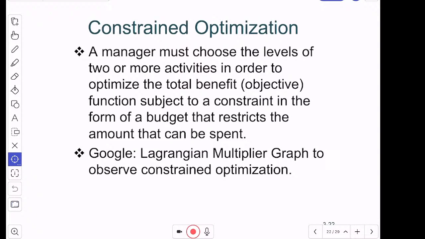Constraint optimization. All that I've done so far, what I showed you in the graphs, was unconstrained. You could just pick the best, and there was no constraint to consider. But what if you have a budget constraint?